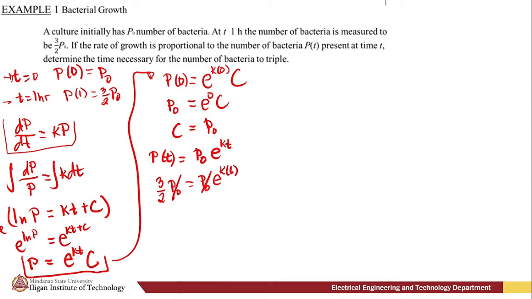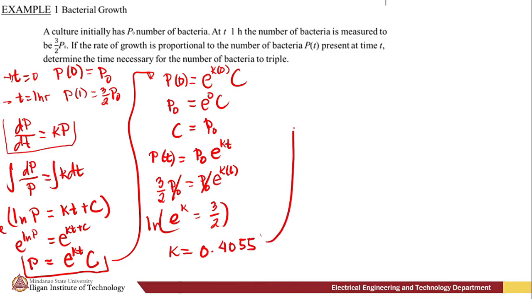Cancel P sub 0, we have e raised to k equals 3/2. Solving for k, we apply natural logarithm ln to both sides of our equation. ln of e raised to k is just equal to k. Then ln of 3/2 is 0.4055.